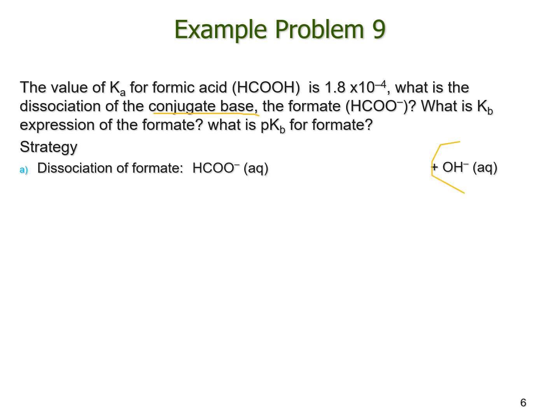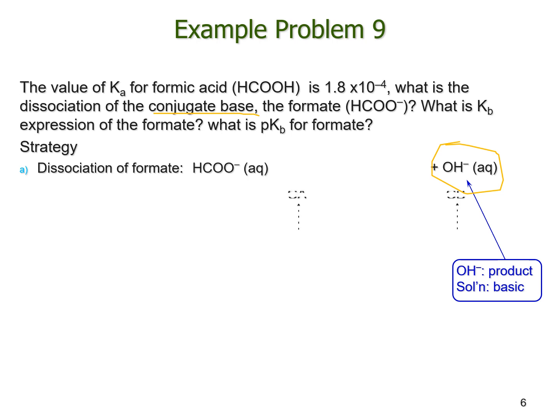So OH minus must be the product in this dissociation equation. And of course, this is the conjugated base of a certain conjugate acid that provides H plus. Okay, so to make OH minus, the acid must be water.